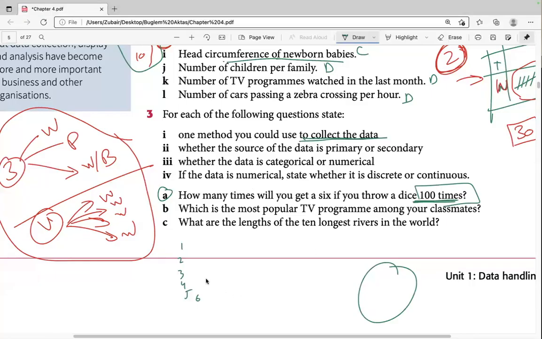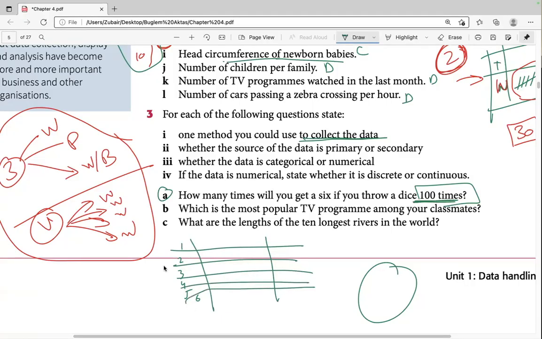Yes, we can do that. Frequency table, or we will have to pass through a tally because we are talking about 100 different attempts. So it would be a tally in this case.